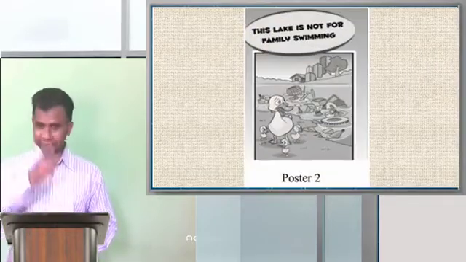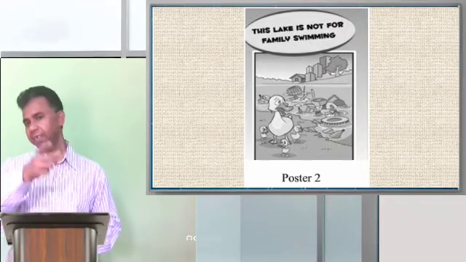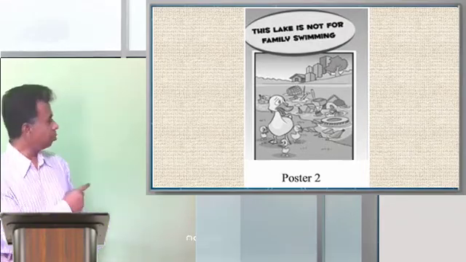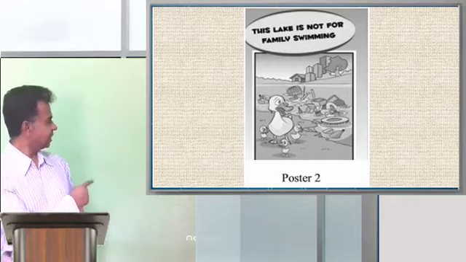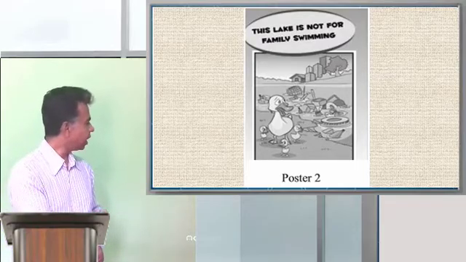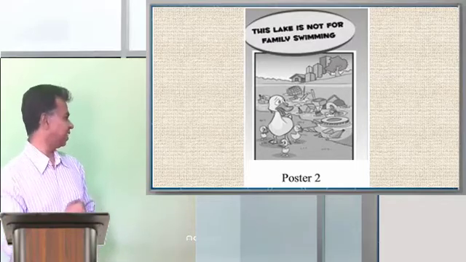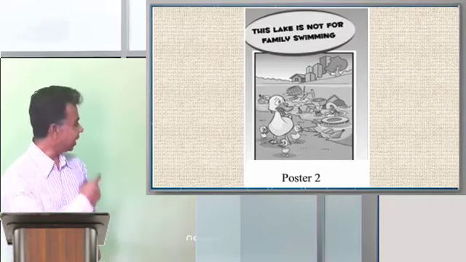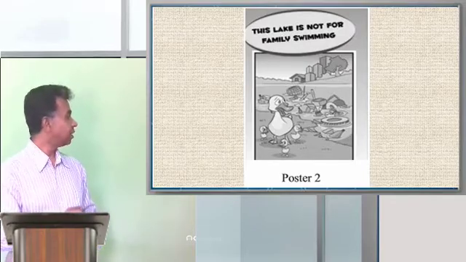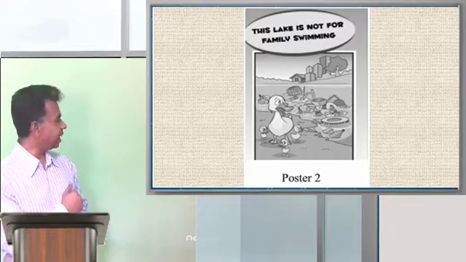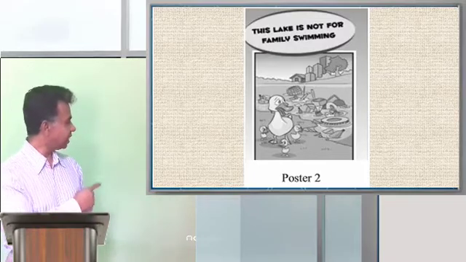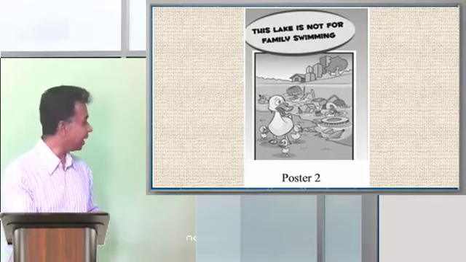The next, poster number 2. A mother duck is seen walking along with her children. There is a lake behind. Some tall buildings are also seen at the back of the lake.